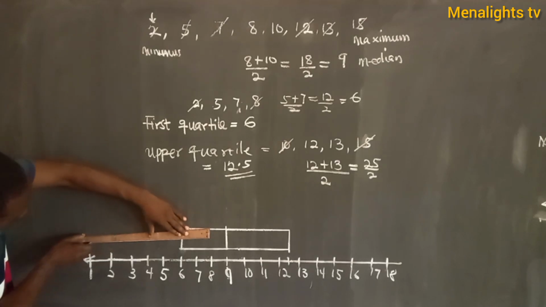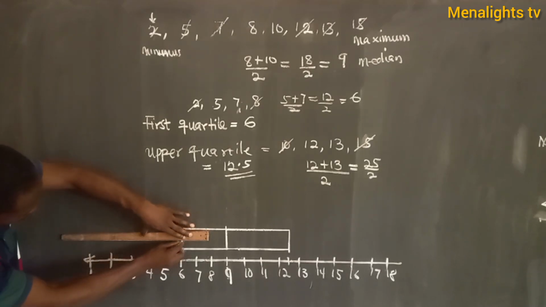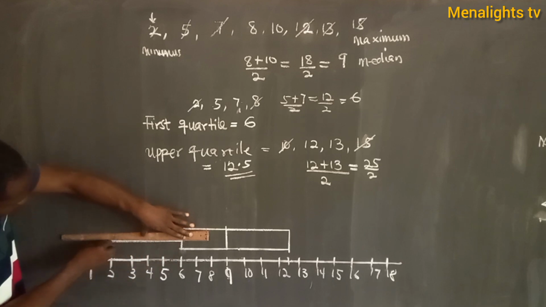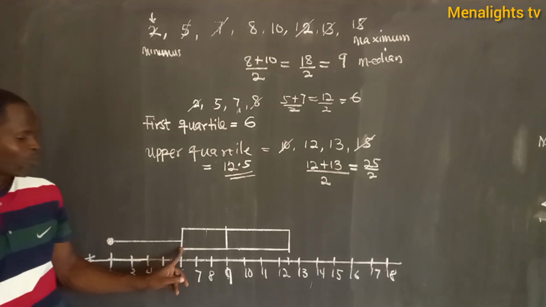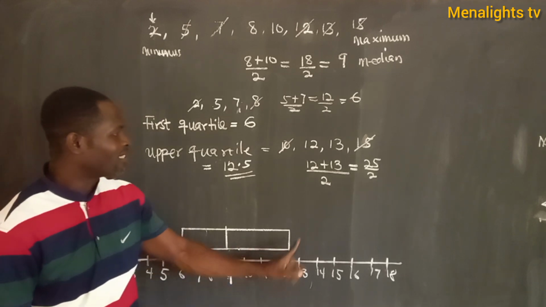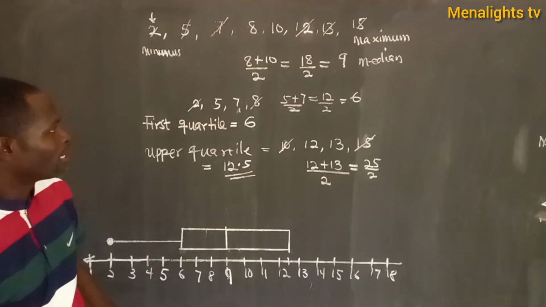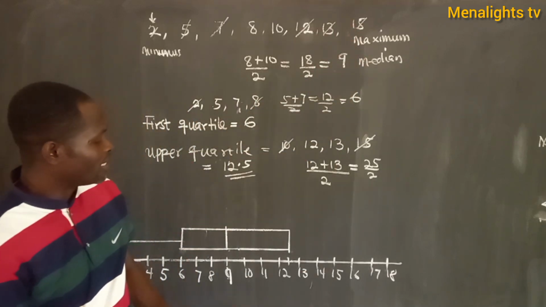I'm drawing my whisker to where I have 2, and 2 is my minimum number there. So this is the minimum. This is the first quartile, the median, then the upper quartile, then I go to the maximum. The maximum here is 15, the 15 that we have in the set of data.